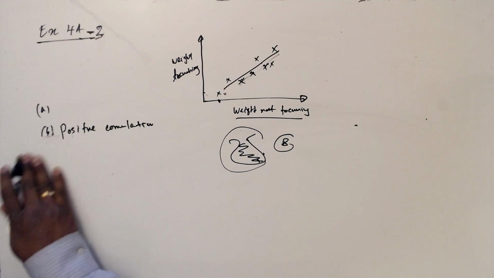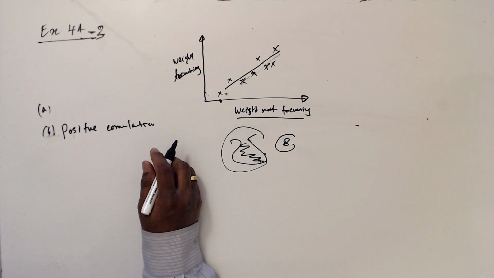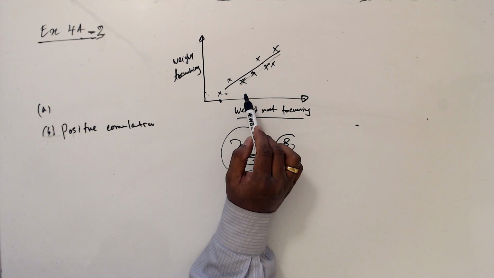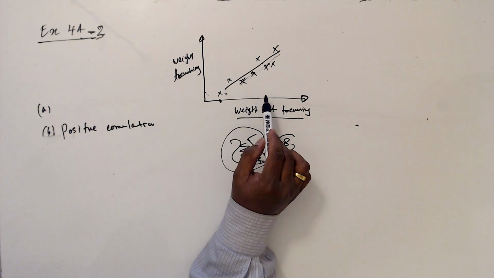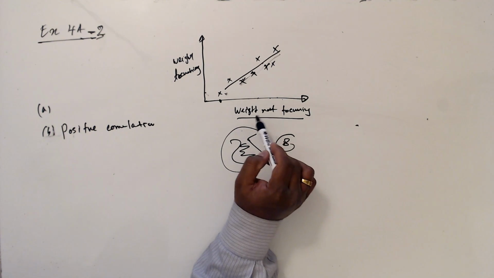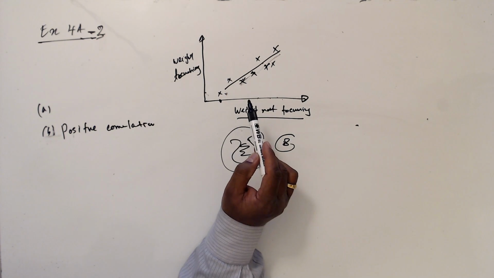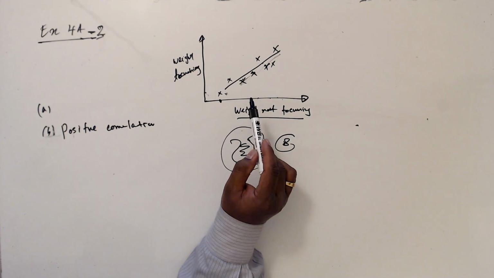And we want to interpret the data. When you look at it, we can see that if a student gets a greater weight before touching, then what will happen after touching?